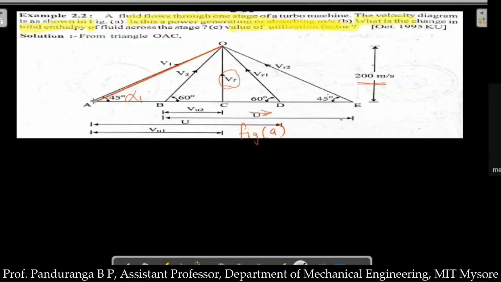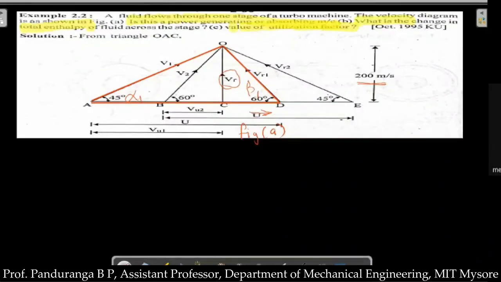I'm drawing a line for the inlet velocity triangle. From here till here it is u, and this is vr1. So for the inlet velocity triangle, this is v1 and this is u. This is alpha 1, and here we have vr1 and u. So this angle is beta 1.